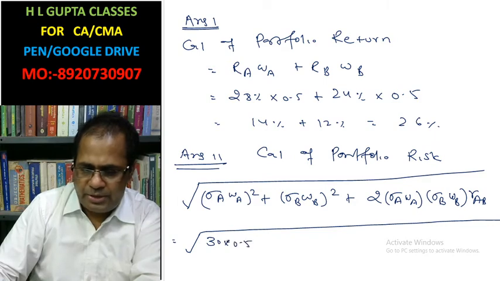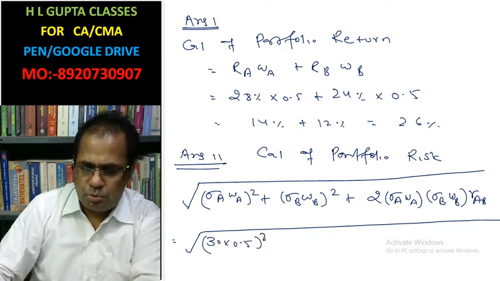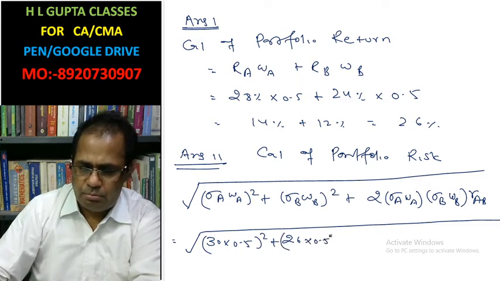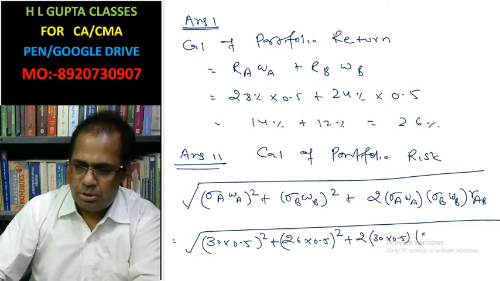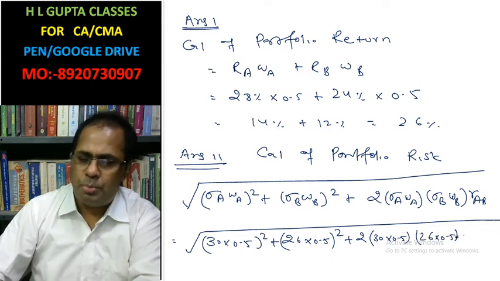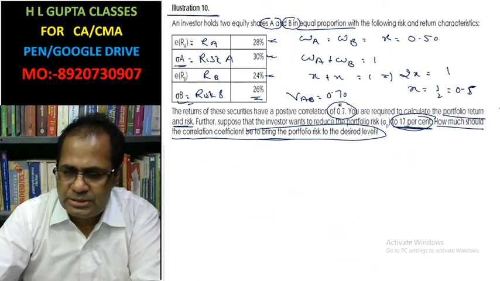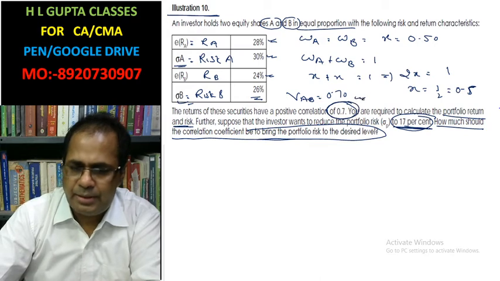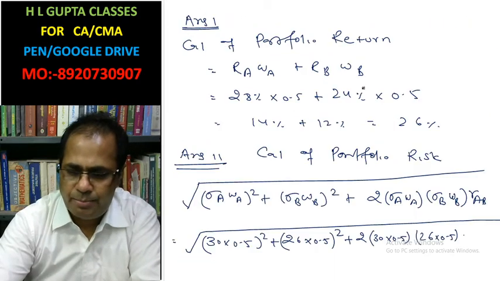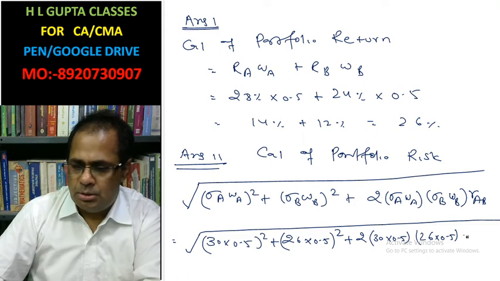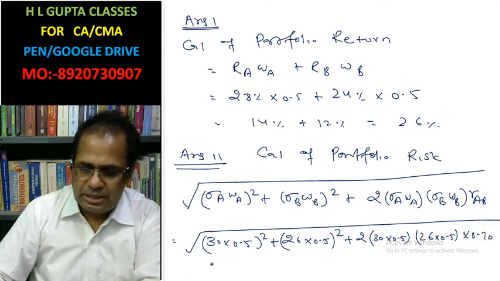So, 30 into 0.5 whole square, plus 26 into 0.5 whole square, plus 2 into 30 into 0.5, into 26 into 0.5, into coefficient of correlation. Look, the coefficient of correlation is given as 0.7. Right now it is 0.7.